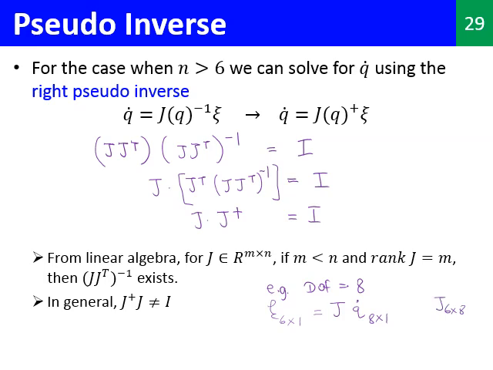And what about J times J transpose? J is 6 by 8 and J transpose is 8 by 6, therefore we get a square matrix of 6 by 6. And from linear algebra, the inverse of this exists. Understood?